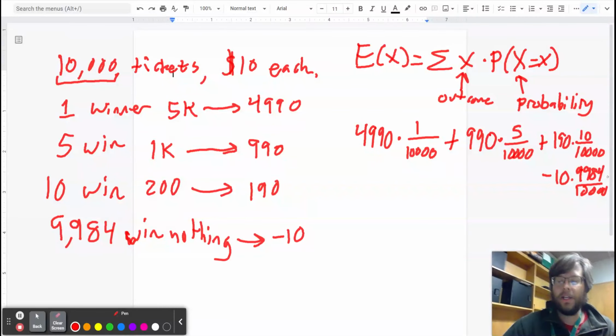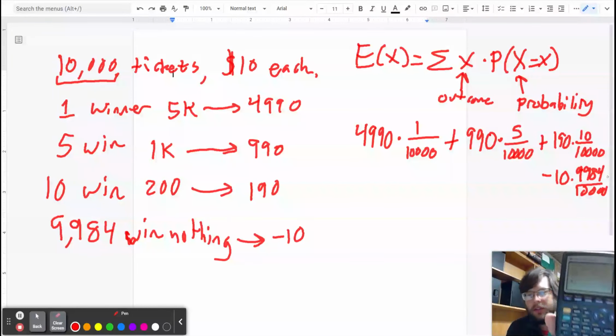Okay, you can type all that into your trusty calculator. So 4,990 times 1 over 10,000 plus 990 times 5 over 10,000 plus 190 times 10 over 10,000 minus 10 times 9,984 out of 10,000. Now, if I typed everything in correctly, I think I did here, we end up with negative 8.8.